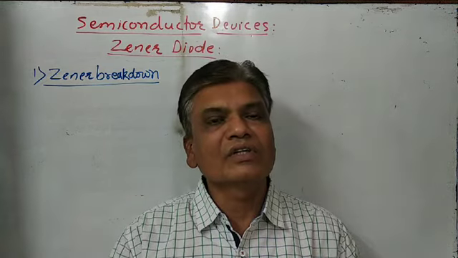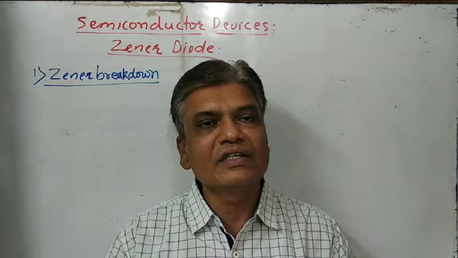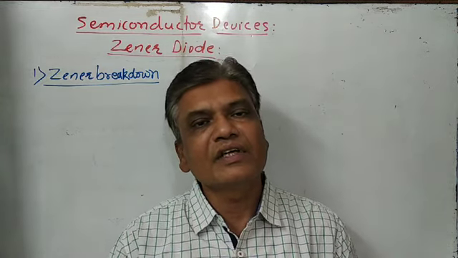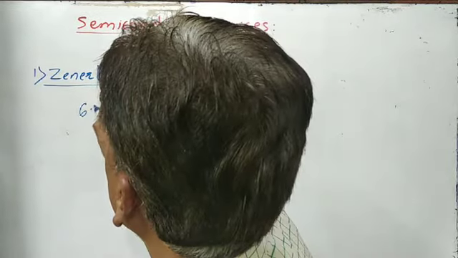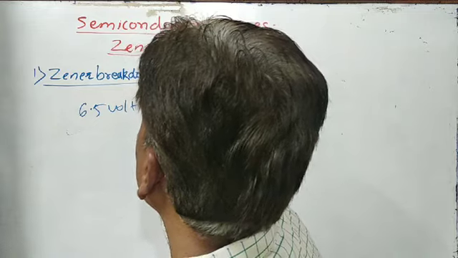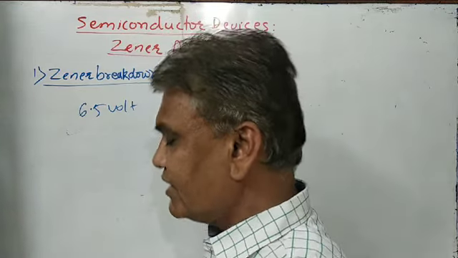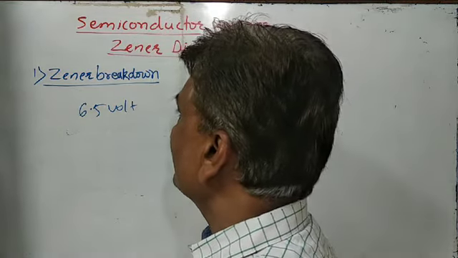So this is the complete explanation of Zener breakdown, and it operates at nearly 6.5 volt. So this is complete about the Zener diode.